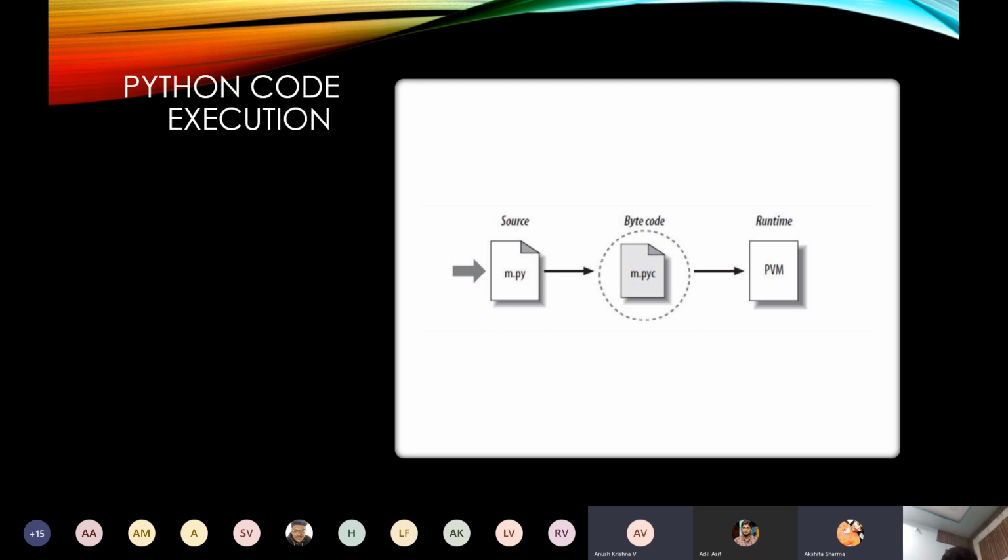The execution of Python code is really simple. In Python's traditional runtime execution model, the source code we type down is first translated to bytecode, which is then run by the Python virtual machine, the PVM. The code is automatically compiled, but then it is interpreted. So this is the complete execution, and it's really simple to understand.